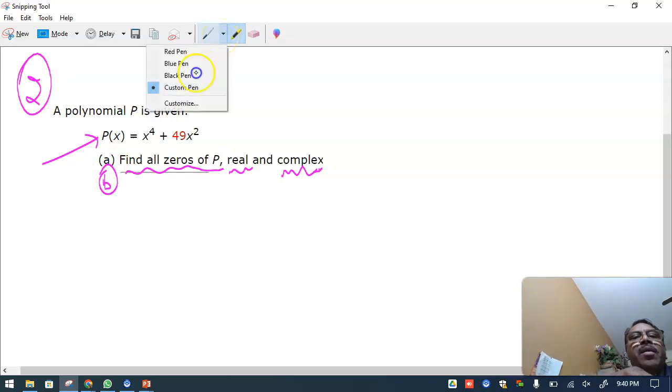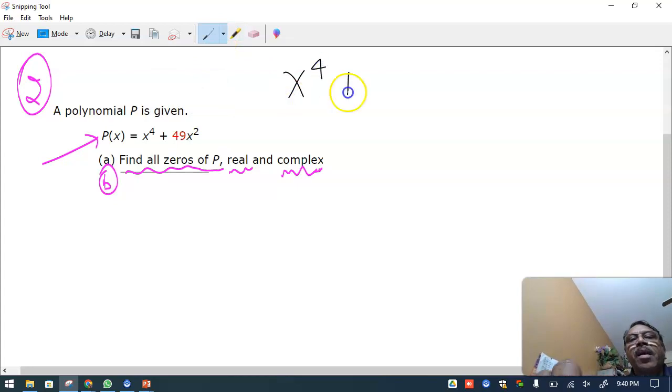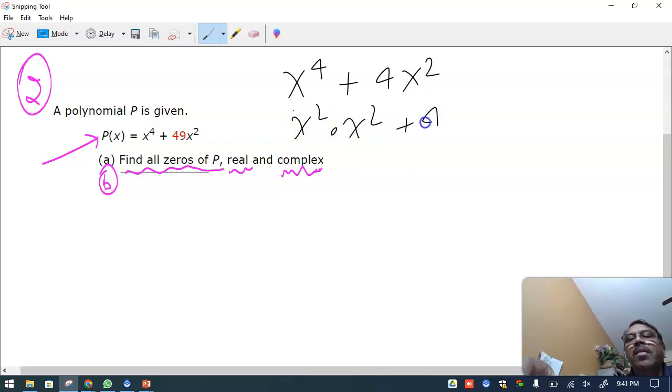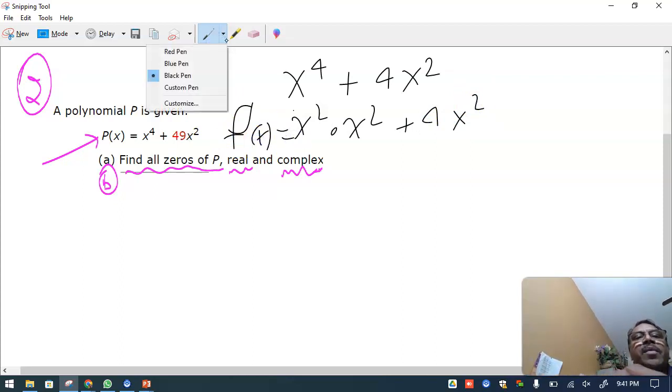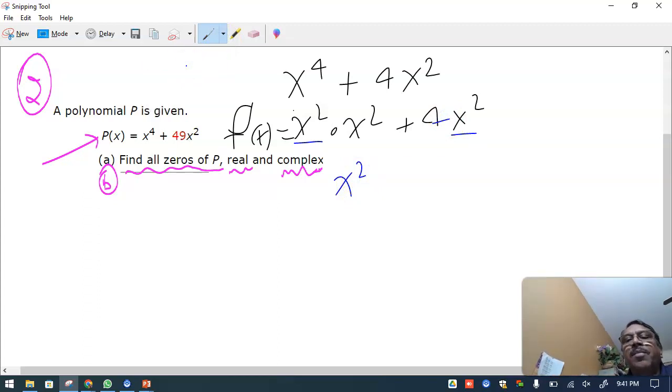In order to figure out the zeros, you can see there's an x squared multiplied here and also here. So we can pull it out and use the distributive property and write this as x squared times (x squared plus 4). So this is your P(x).